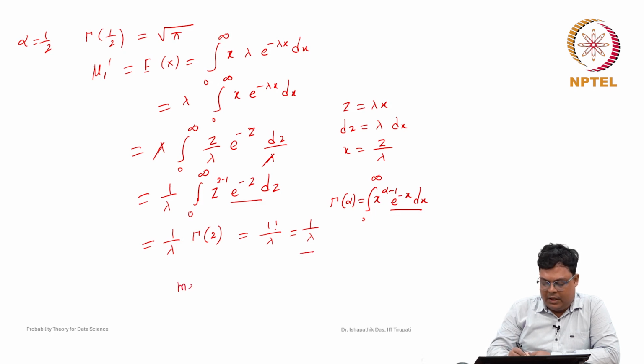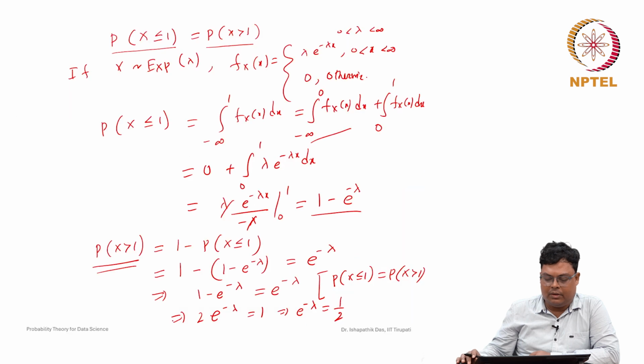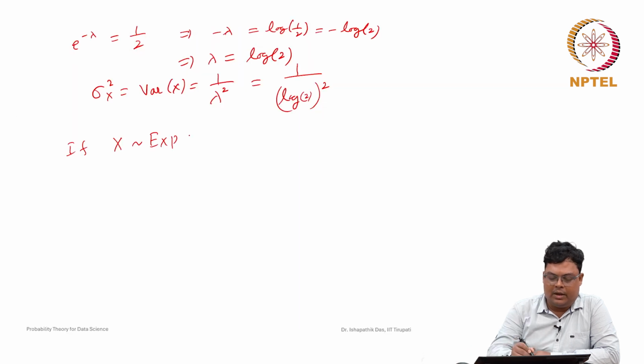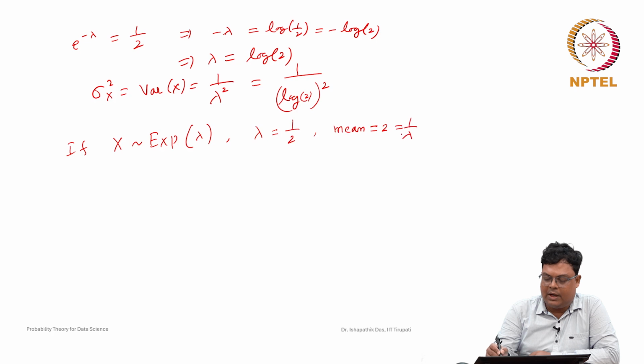Then the mean, which is equal to the expected value of X, is given as 2, and this is equal to 1 by lambda, which implies lambda will be 1 by 2 for this example. So, here it is exponential with lambda equal to 1 by 2.